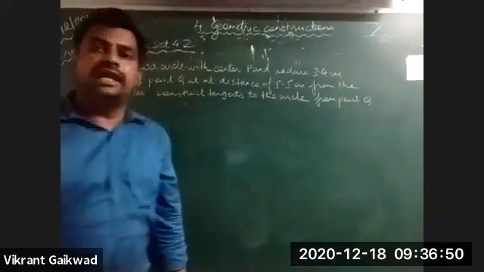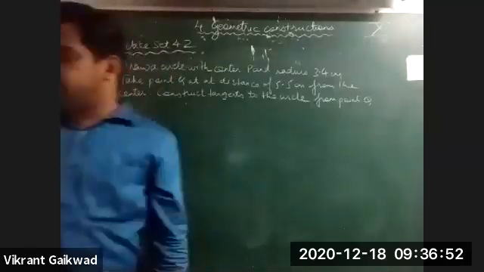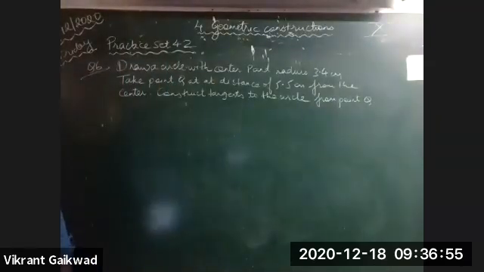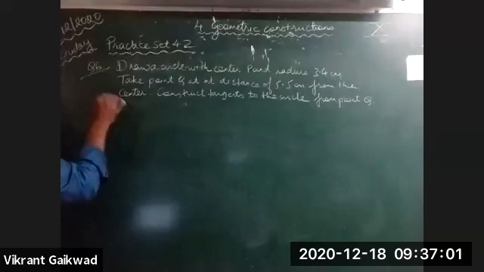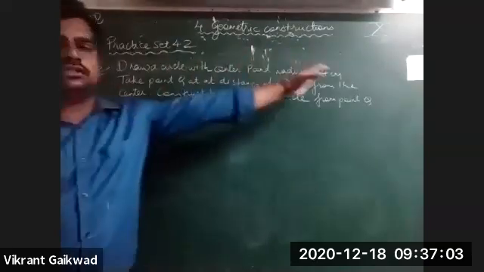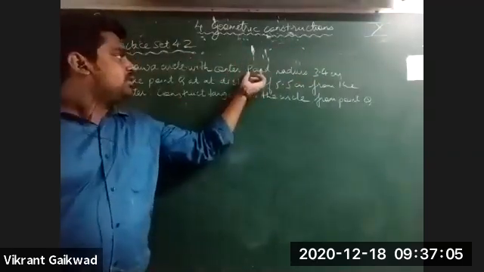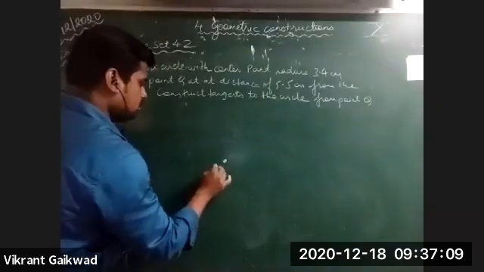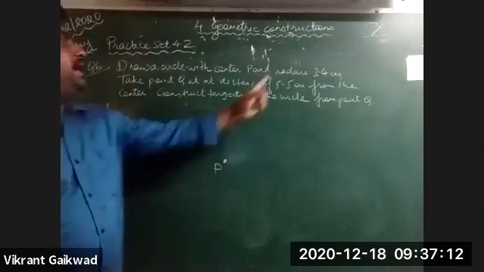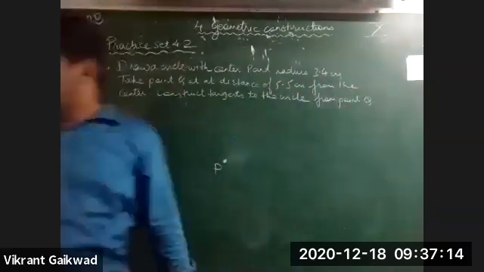You see, tangents drawn from the external point, they are congruent. So that property you are going to use here. And also, first we'll start our construction. We take center P and radius of 3.4 centimeters.